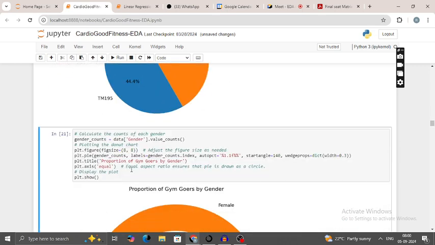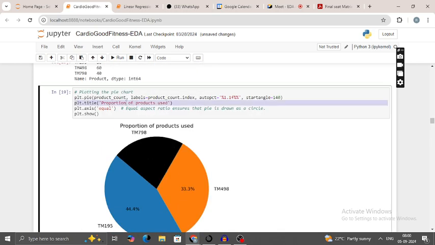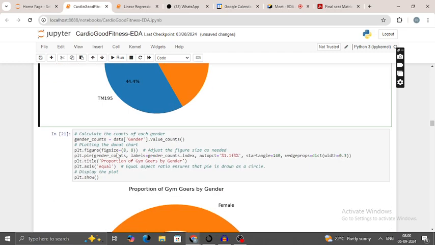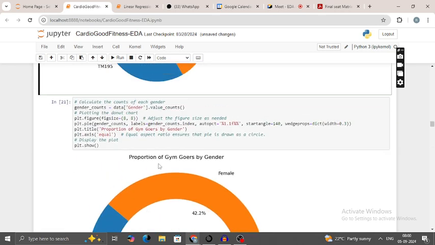So similarly, if you want something similar to a pie chart, a hollow chart, something like this, if you want something like this hollow chart, right? So instead of gender, use product. So dot value_counts. So look at this.